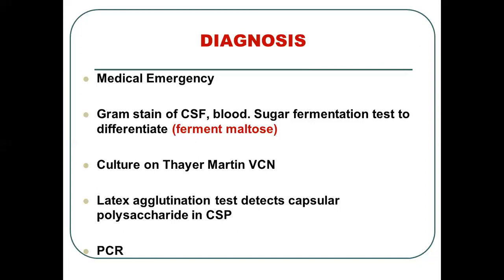The PCR is also used. So we can go for the staining procedure. We can culture the microorganism on Thayer-Martin medium, or if it is not available, we can use chocolate agar, make a slide, see it under the microscope, and look for gram-negative reactions and the characteristic appearance of this organism. And we can perform the latex agglutination test, and we can go for the PCR.